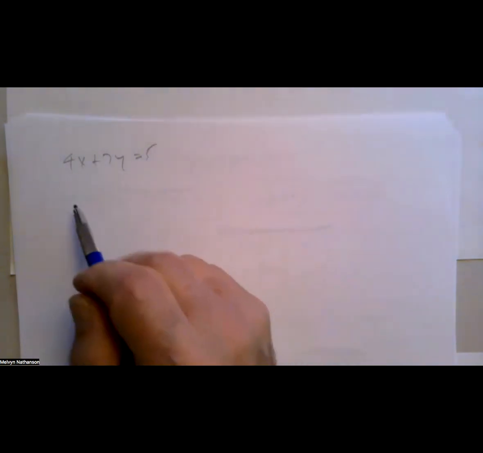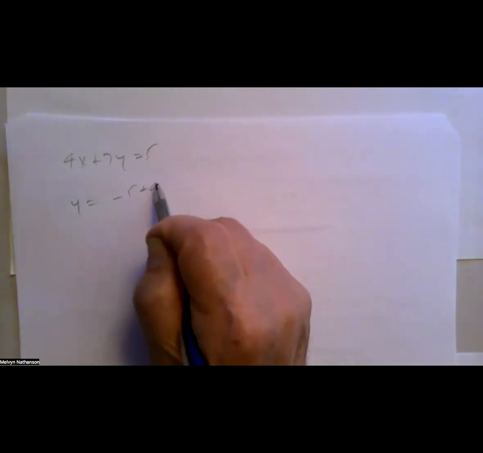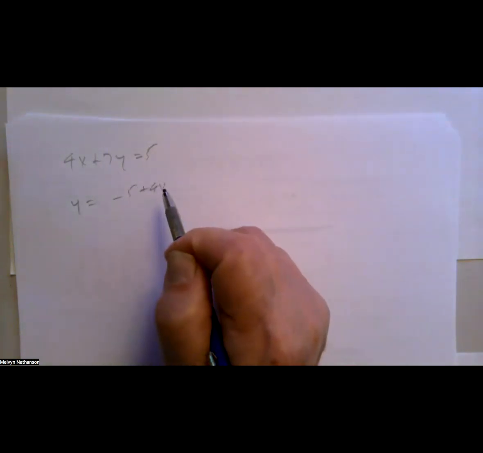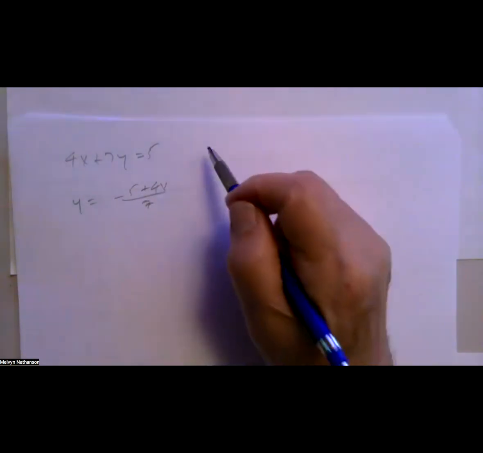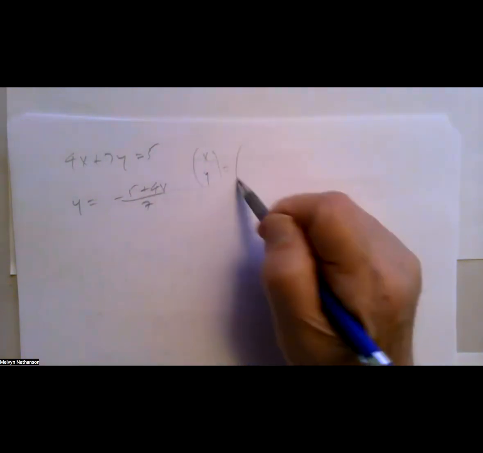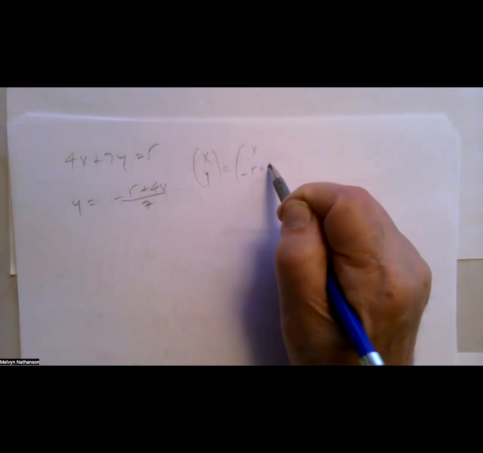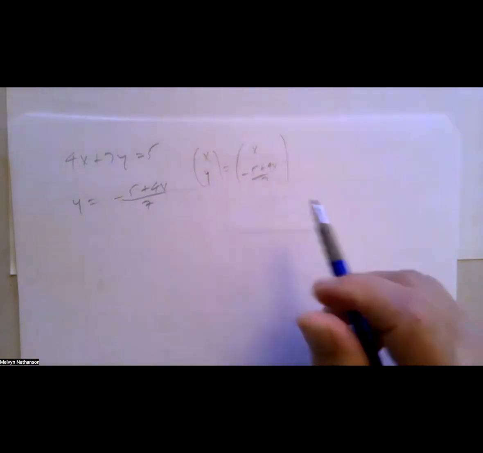If you solve this equation for y, you get y is minus 5 plus 4x over 7. So the solution space of this equation is all vectors x, y, where y is minus 5 plus 4x over 7.